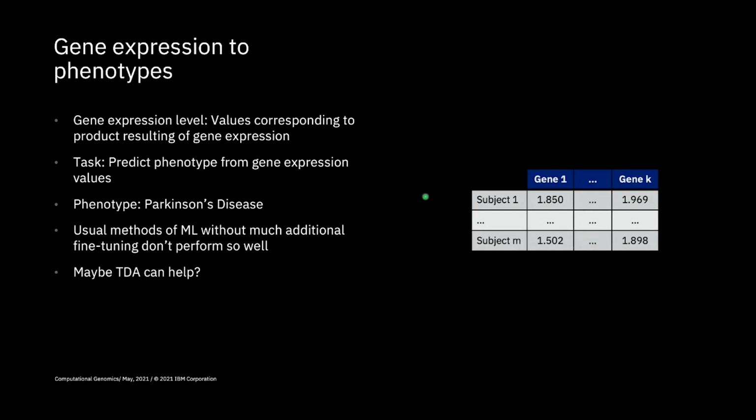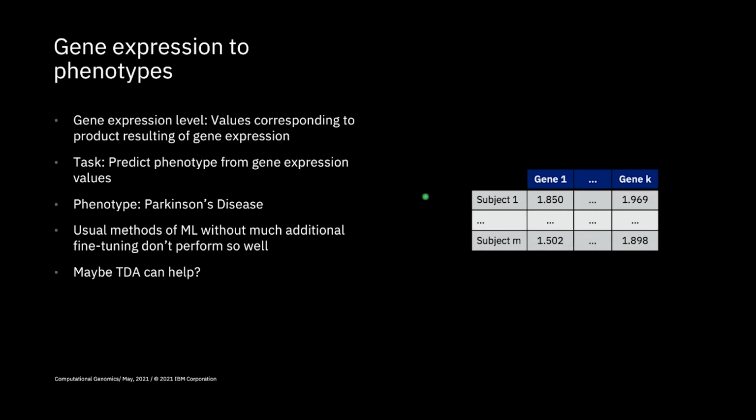And so we said, okay, let's give TDA a shot at the task of predicting this phenotype from these gene expression values. And let's see what happens if we take standard machine learning methods, off the shelf, and if we don't do fancy things like grid search and hyperparameter tuning and so on.